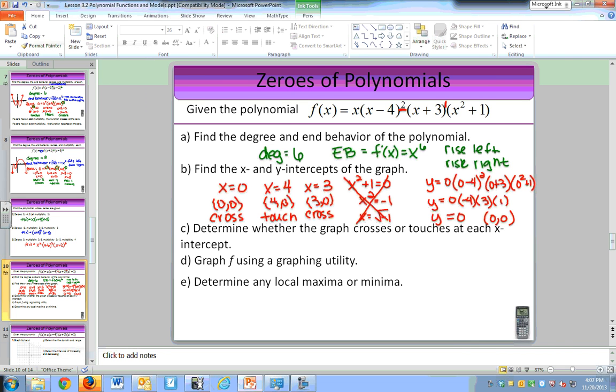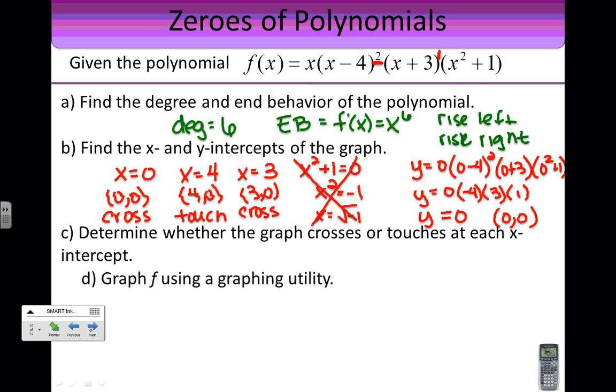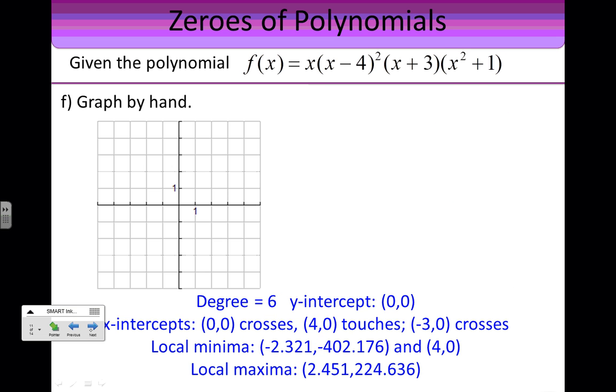So we can use that information now to graph our quadratic function, or I'm sorry, our polynomial function. Okay. So use that information. We know that the end behavior, it was rising to the right and rising to the left.